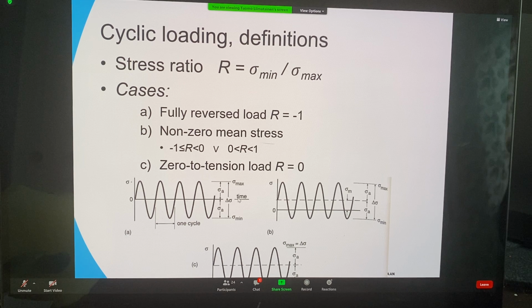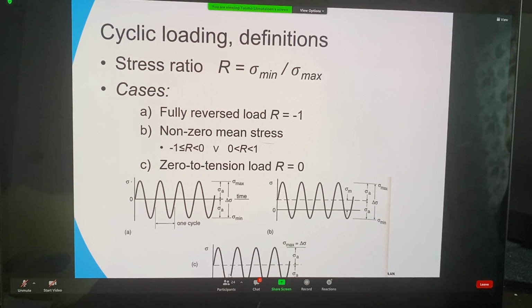And the third case would be a case where we have zero to tension, so that we shift this cyclic curve in a way that the minimum stress is exactly at zero, like we see here in this picture C. And this will result in the stress ratio being zero, because the sigma minimum would be zero, therefore R is also zero.